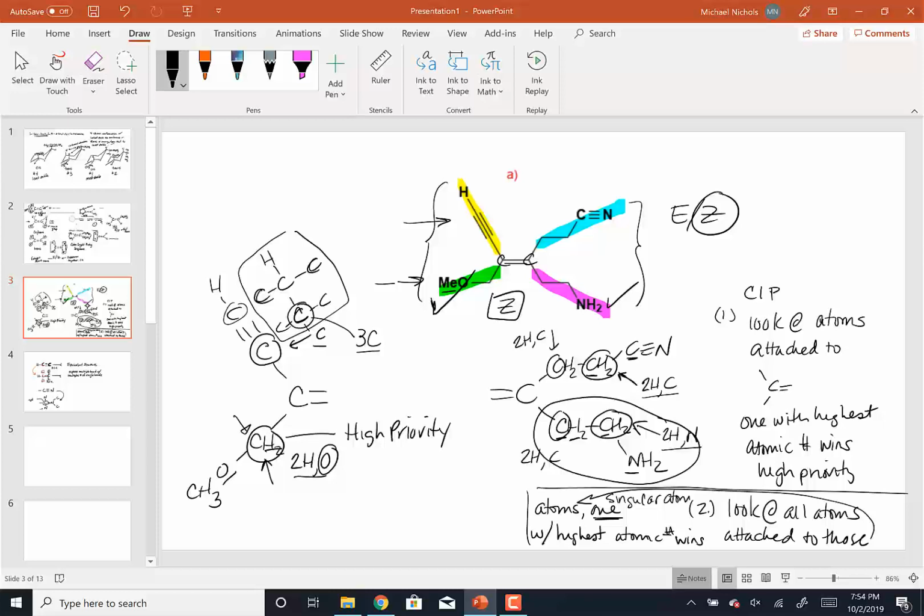The same sequence rules will be used for chiral centers when we do R and S. So we have to learn this one set of rules to handle both EZ and R and S later on. Hopefully this gives you an introduction and the different steps that we use in order to get E and Z, and we'll go into much more of this after Monday's exam.